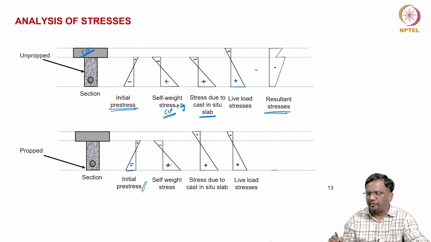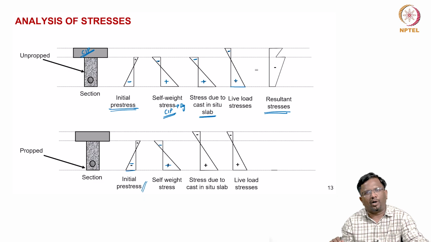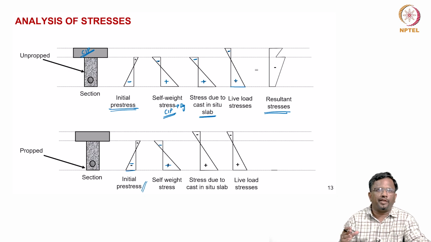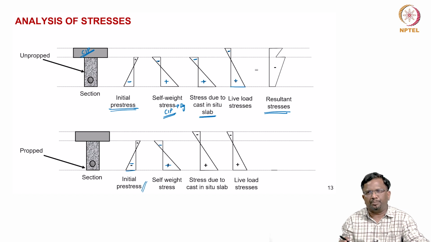So, the only difference between propped and unpropped is how you are transferring your cast in place slab weight. In a propped section, the cast in place slab is assumed to be transferred through composite action, but in the unpropped case, the cast in place slab is transferred only as a weight, only by the precast pre-stressed beam.